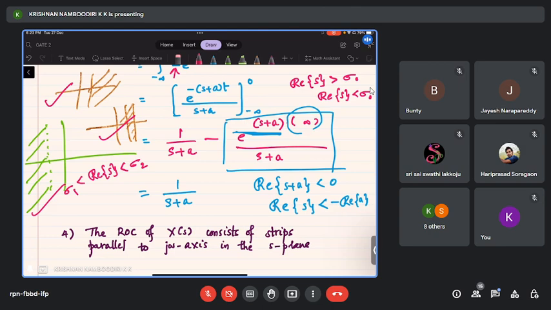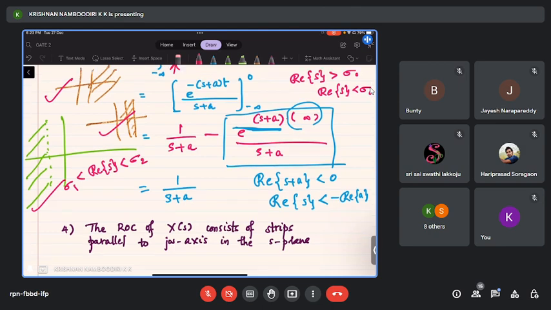These three are the possible ROCs. That means the ROC will always be a strip parallel to the j omega axis. This strip can have infinite width, as you have seen. Starting from some sigma naught, it can go to infinity, or from minus infinity to sigma naught. That is also possible.